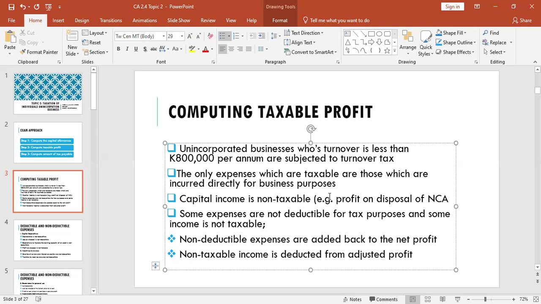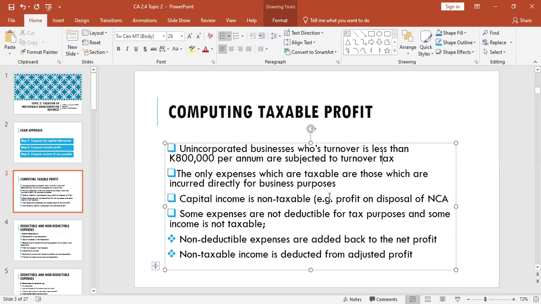Another thing that you need to know is that some expenses are deductible for accounting purposes, for instance depreciation, but are not allowable for tax purposes, because the tax authorities, ZRA, say depreciation is not a real expense. Amortization is not a real expense.